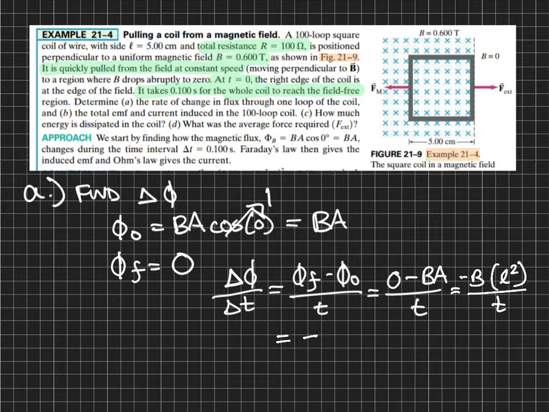Oh, yep, we should put our negative in there. Negative 1.5 times 10 to the negative 2 Webers per second. So that's the rate of change. The key word there is the rate of change in flux, right? So that's how we're going to get that value there.